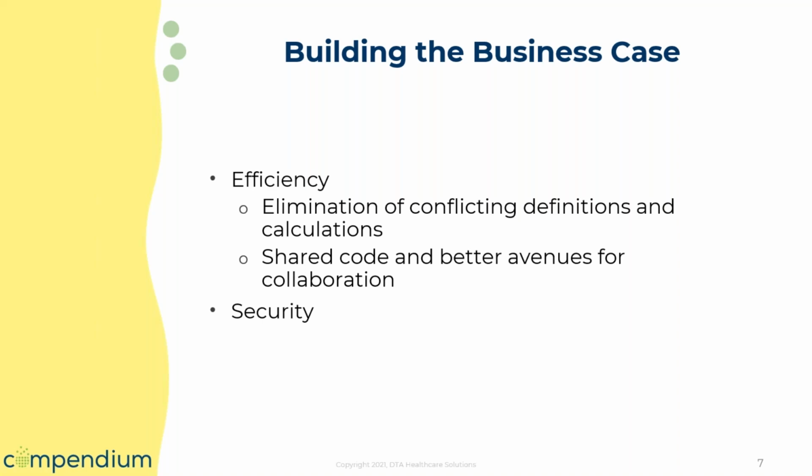Sometimes we think of security as just IT's information security department, that's for them to figure out. They come in and make your life more difficult by adding more controls and processes and things like that.